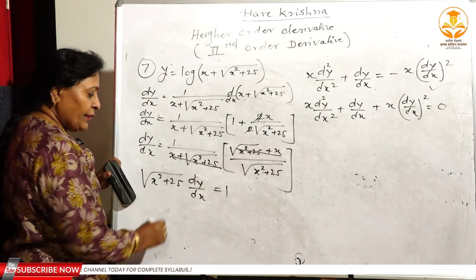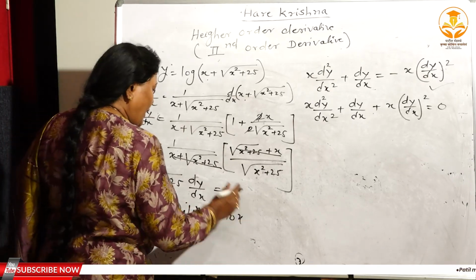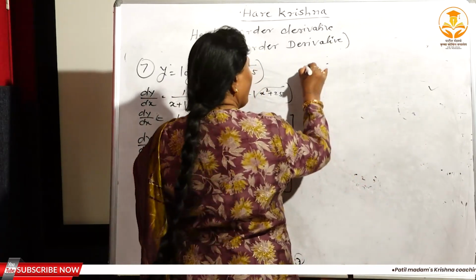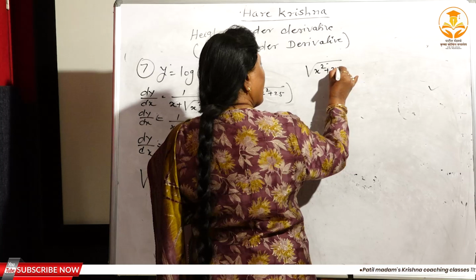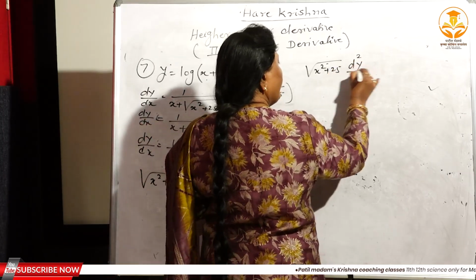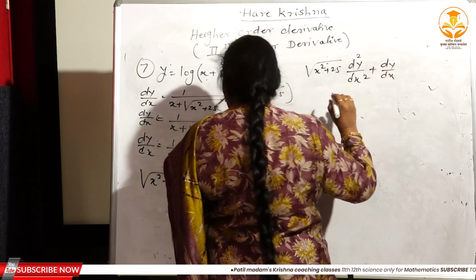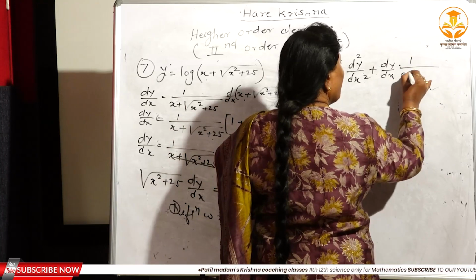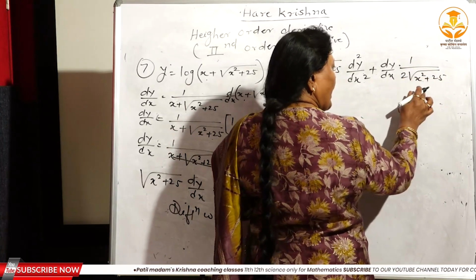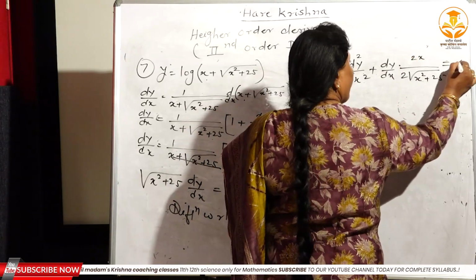Now here again, differentiate with respect to x. Means apply the multiplication rule. See here, the multiplication rule. Root of x square plus 25 remains as it is. The d by dx of dy by dx is nothing but d2y divided by dx square, plus dy by dx remains as it is. The derivative of root u is 1 upon 2 root u. Isn't it? Means 1 upon 2 root of x square plus 25. The derivative of x square is 2x, and the derivative of 25 is 0.